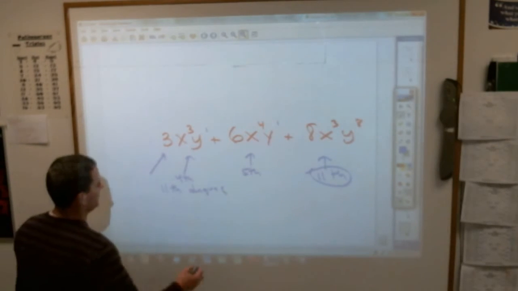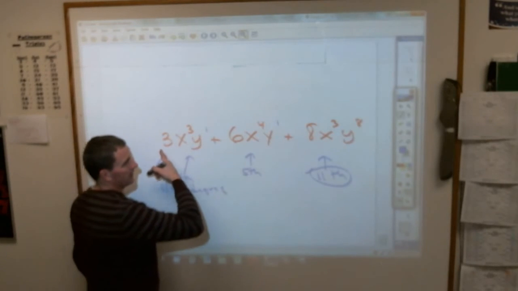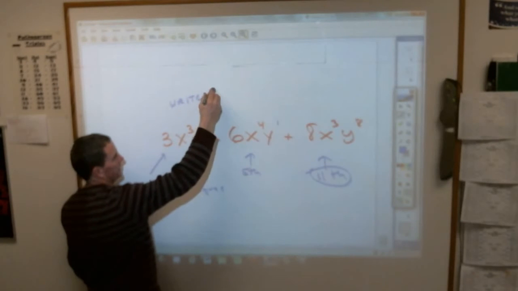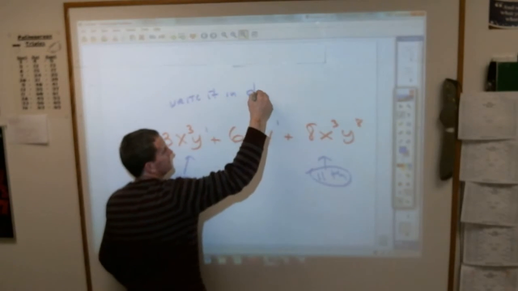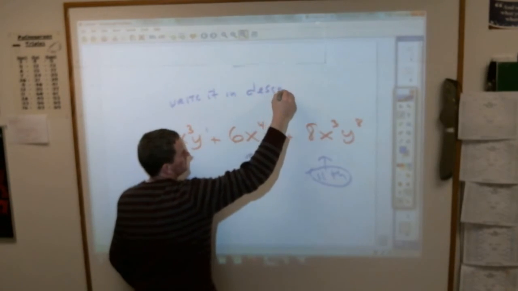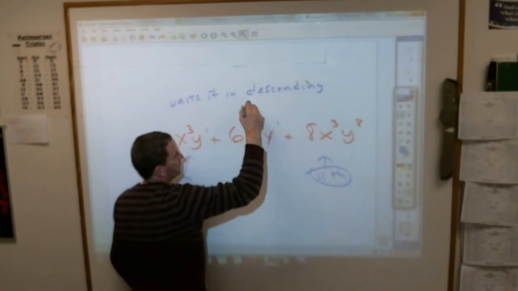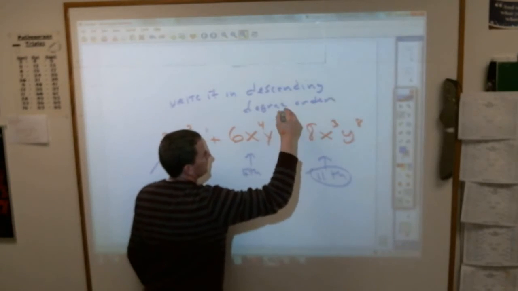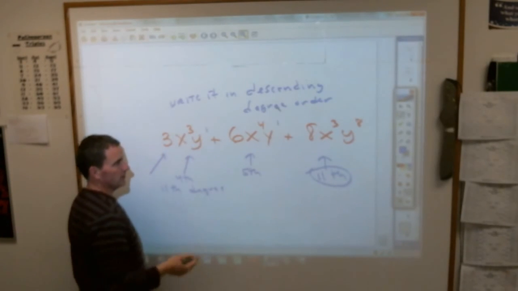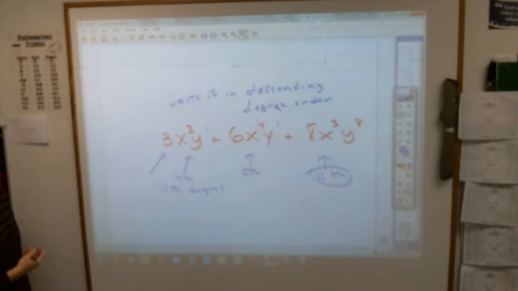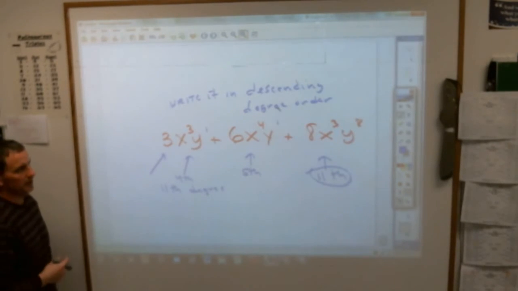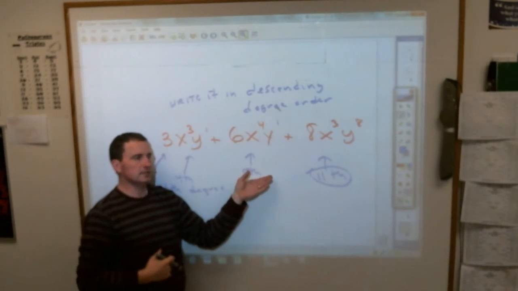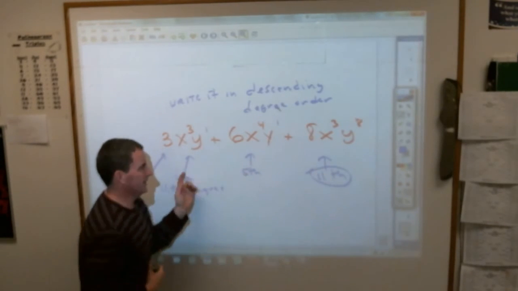And generally speaking, kids, when we write this out, you're supposed to write it in descending degree order. Which means if you come across this in an assignment, not that it would be wrong, but that's the way it's going to get read. You always write the highest degree term first, and then the next in descending order. Start with the biggest, work your way down to the smallest.